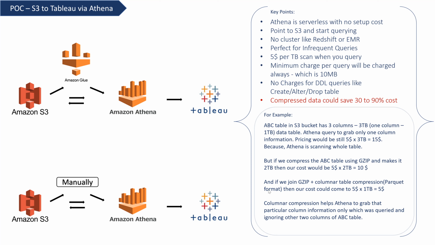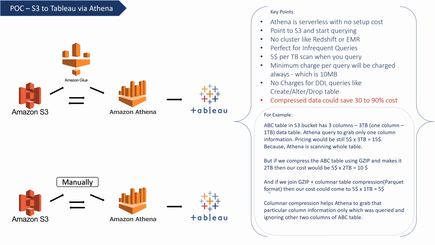Plus, if you can use gzip plus columnar table compression, which is like what you get in Redshift, and columnar compression is nothing but the Parquet format, as you have heard, Apache Parquet, Spark. Then our cost could come to $5 times 1 TB, so $5. It saves around 30 to 90% cost. You can use different software, like I use Python, to create gzip and Parquet format compression.